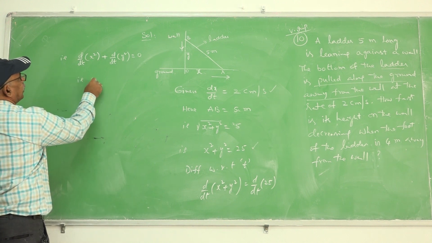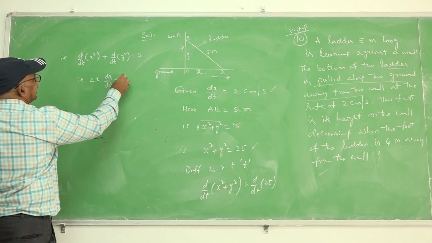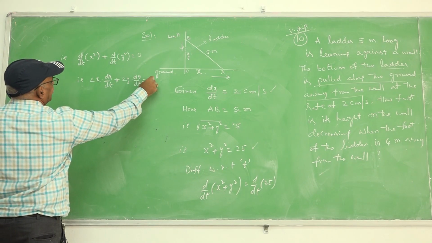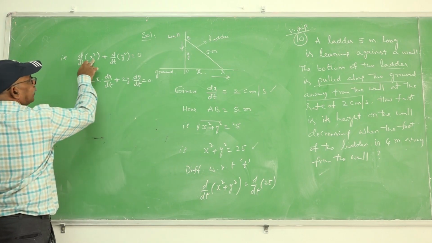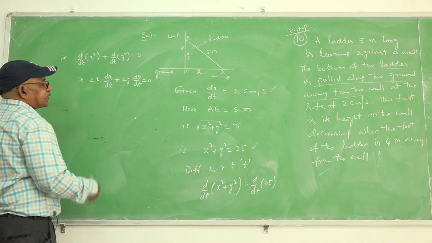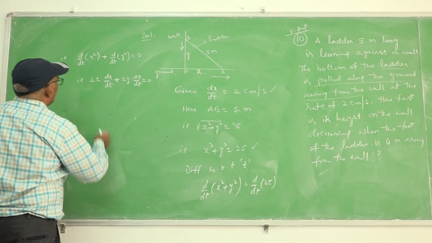So that gives us 2x into dx by dt plus 2y into dy by dt is 0, because x depends on t and y also depends on t. X changes according to the time and y also changes according to the time.